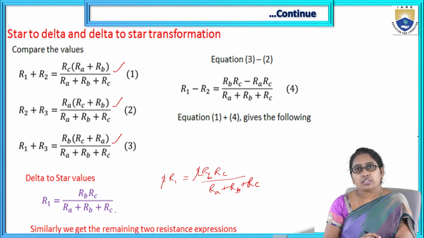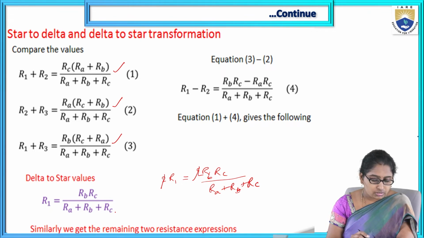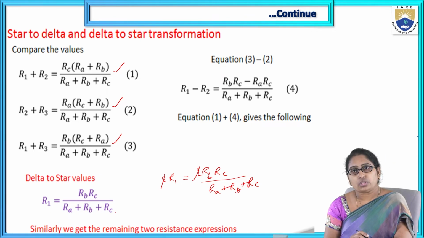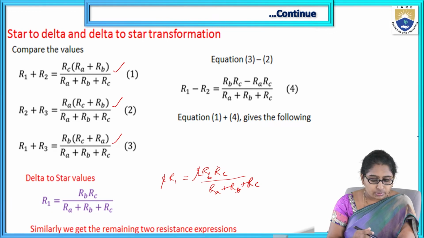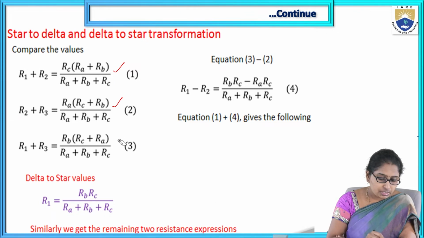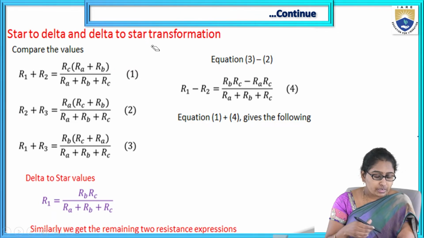Similarly, if you take equation 2 minus equation 1, and for the third case equation 3 minus equation 1, you will get the other element equations. That is how star elements are obtained from a given delta network.